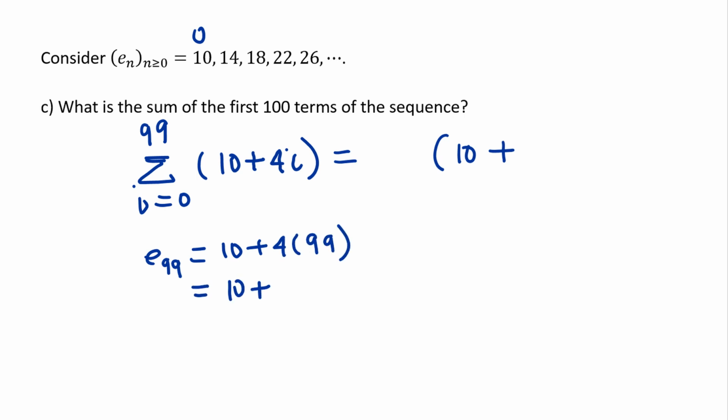That's 10 plus 400 minus 4, so that'll be 406. So the 100th term, which is e sub 99, will be 406.